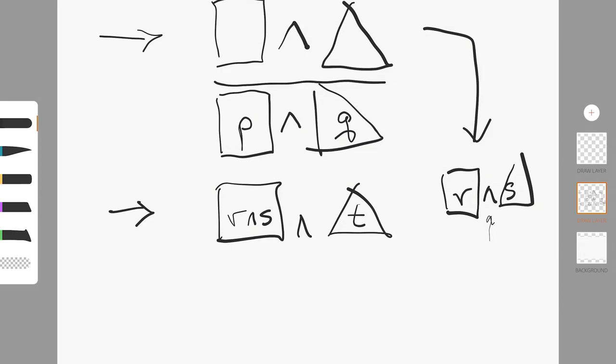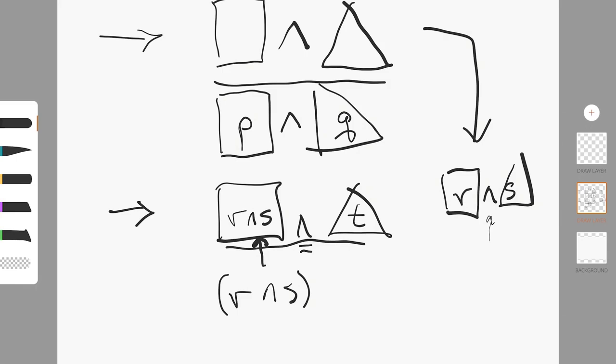So let's have a look at how we would write this expression using groupers. Well, first of all, we have R and S, and we need to do something with that to indicate that it's a single unit, or it's functioning as a single unit. What do I mean? I mean, it is functioning as a single unit with respect to this conjunction operator, because this whole expression is what goes in the slot indicated here by the square.